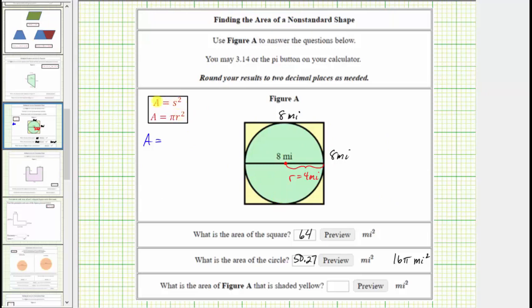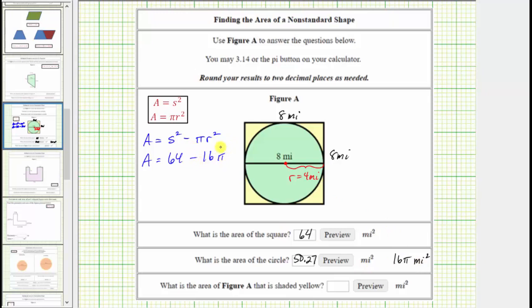Using the area formulas, this would be s squared minus pi r squared, and we already know these areas. The area of the yellow shaded region, or the area inside the square and outside the circle, or the area between the square and the circle, is equal to 64 square miles minus 16 pi square miles.